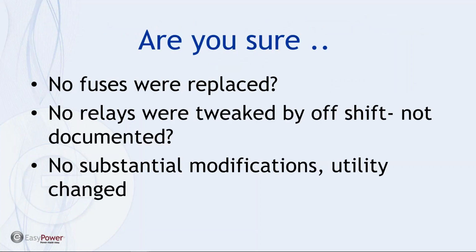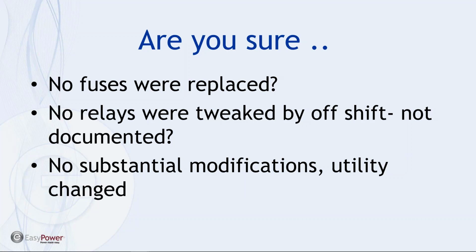Are you sure that on some swing shift or graveyard, one of the maintenance people had to replace a fuse and he used what he had in the truck or in his toolbox just to keep the system up and running, and then he failed to document that change? And worse, what if he just had one of the phases replaced, and so now I have a potentially different value in different phases in some part of my system?